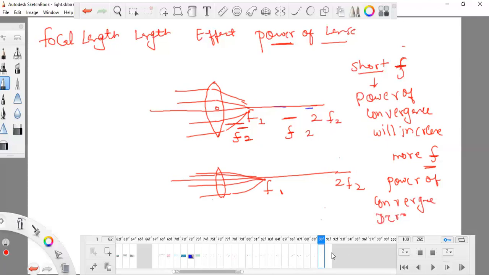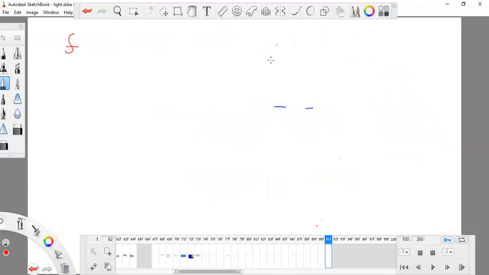If the focal lengths for this mirror are 2, 3, 4, then this will converge. It is able to meet the light rays very perfectly.